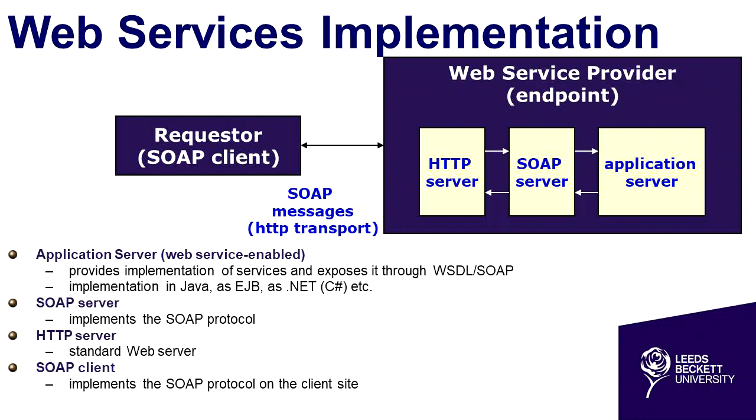The services could be implemented on whichever platform they wish, for example, Java, .NET, etc. And it should not matter. The implementation details should not matter to the requester because the service provider can be accessed by a requester irrespective of the platform.